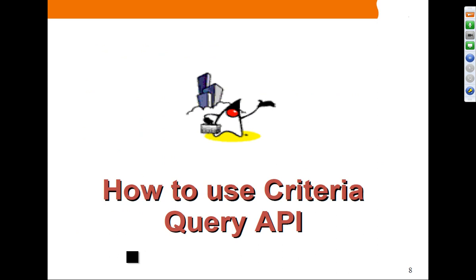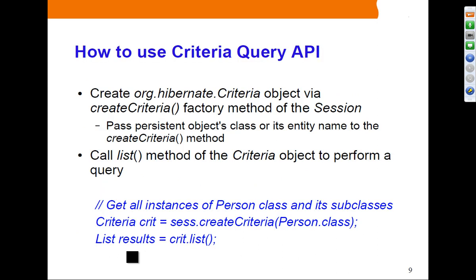So let's see how we can use the criteria query API. First, you create a criteria object from your session object. From the session object, you call createCriteria and provide the class on which you want to perform the query operation.